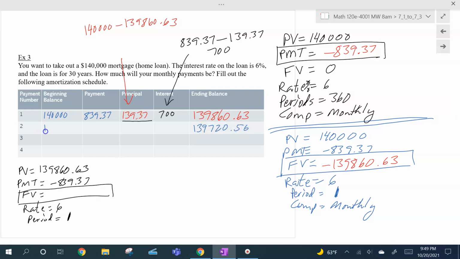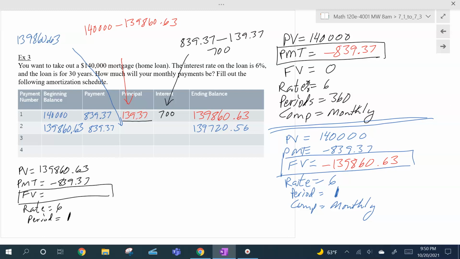139,720.56. Remember, I owed 139,860.63, right? From right here in red, in the upper right, at the beginning of the month. I made this payment of 839.37. So what went towards principal? Principal is the difference. At the beginning of the month, I owed 139,860.63.